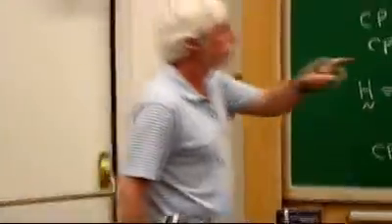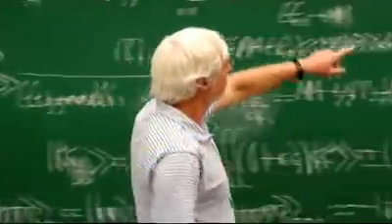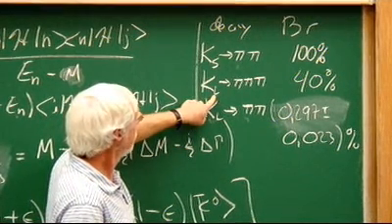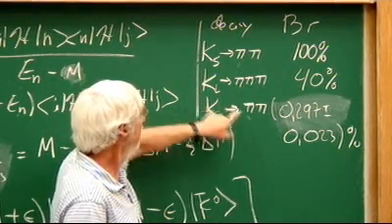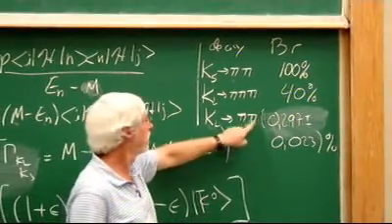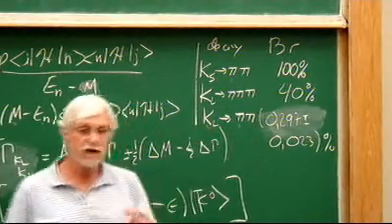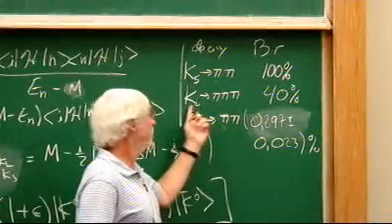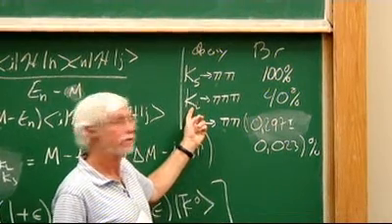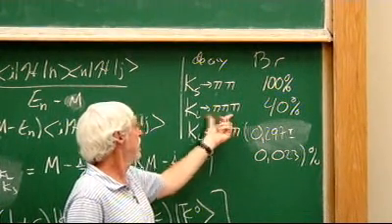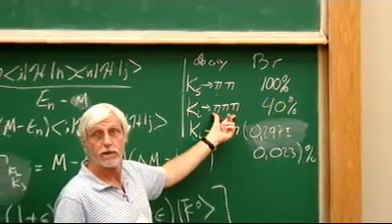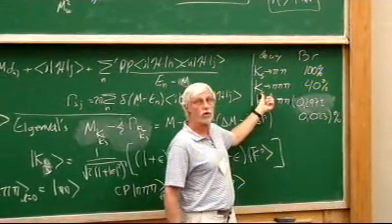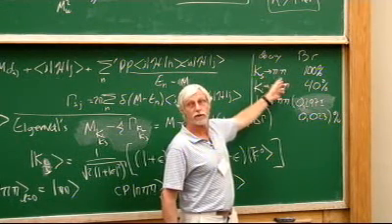Okay. Incidentally, because of this, the S and L stand for short and long. And the fact that K long cannot really decay into 2 pions, but only to 3 pions, and the fact that the 3 pions have a mass that adds up to basically the mass of the K long, a little bit less, means that the phase space available for this decay is very suppressed, which means that the decay time for the K long is much longer than for the K short, which can decay into 2 pions.